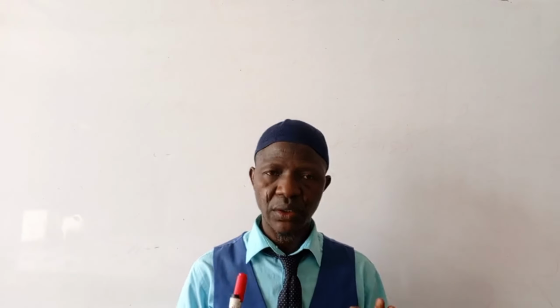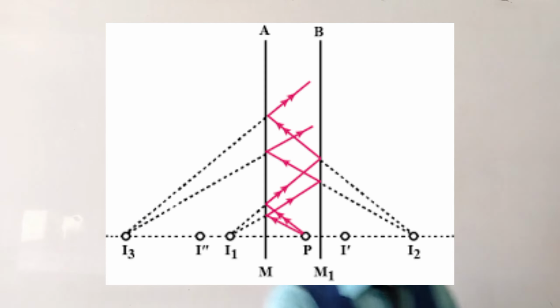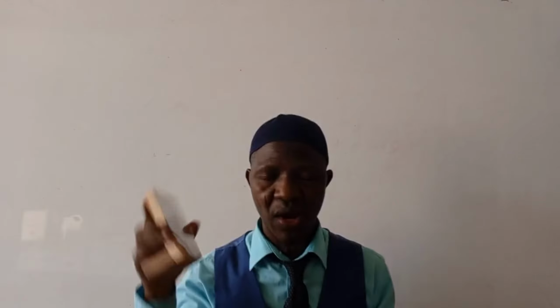Now the next one is number of images formed when two mirrors are inclined. When you have two mirrors, you incline them together. You can incline them at angle 90 degrees to each other, or they are parallel to each other. For instance, if you have these two mirrors, we have one here, another one here. If they are like this, it means they are parallel to each other. And if they are parallel to each other, the angle between them is 0. Then, if you incline them such that they are at what?